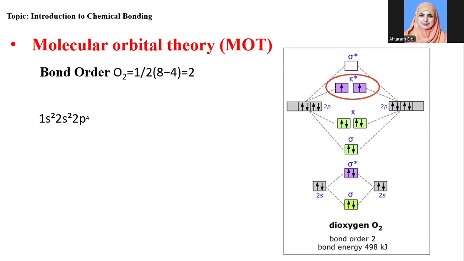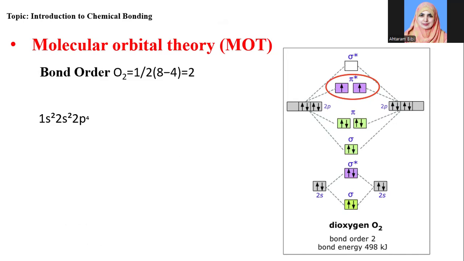In this diagram, the 2s atomic orbitals overlap to form the sigma molecular orbital, which is the bonding molecular orbital, and sigma star, which is the anti-bonding molecular orbital. Similarly, the 2p4 electrons overlap to form sigma and pi bonds. The sigma bond obtains 2 electrons, the pi bond obtains 4 electrons, and 2 electrons singly occupy the anti-bonding pi star orbitals.